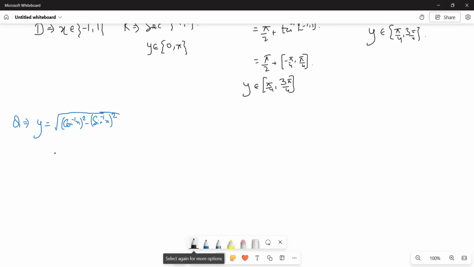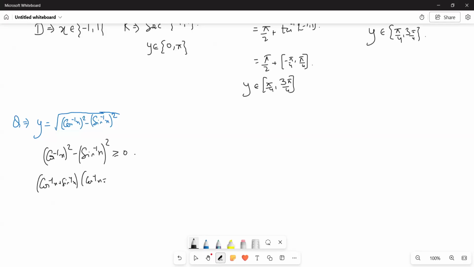Since we have a root, the condition for the definition would be cos inverse x whole square minus sin inverse x whole square must be greater than or equal to 0. To solve this, we use a square minus b square. So cos inverse x plus sin inverse x, into cos inverse x minus sin inverse x, is greater than or equal to 0.